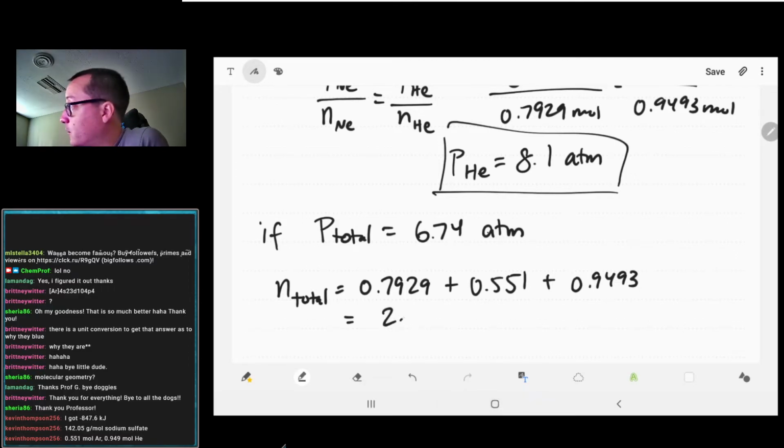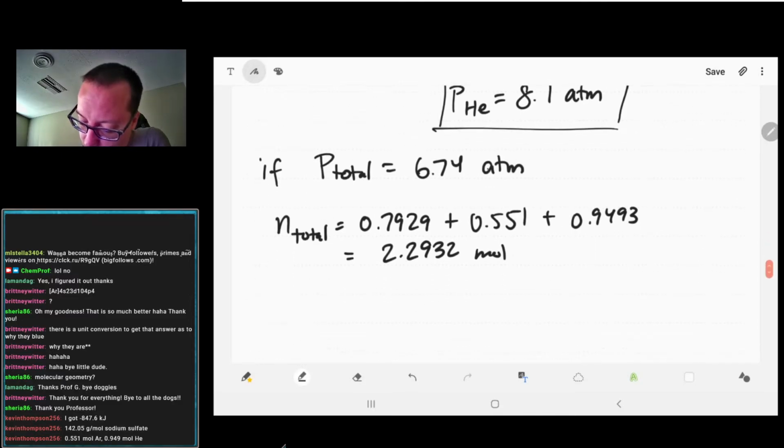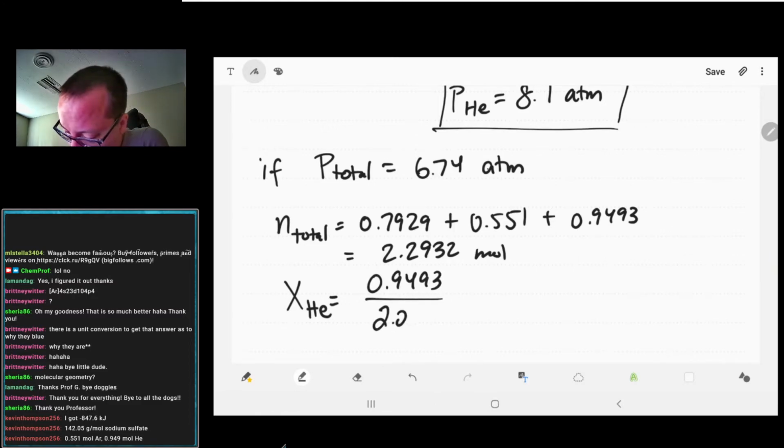We have a total of 2.2932 moles. So for the mole fraction of helium, that's 0.9493 over 2.2932.